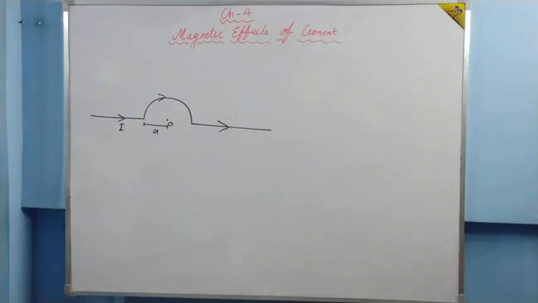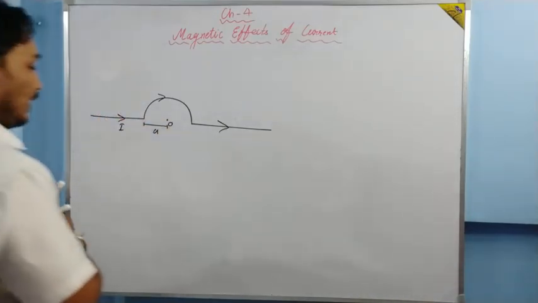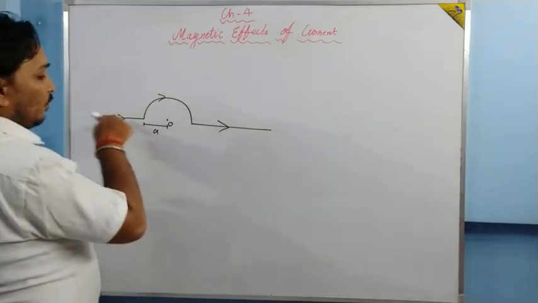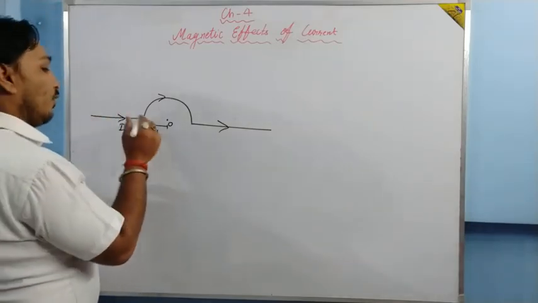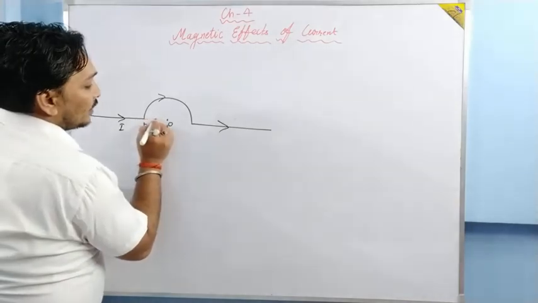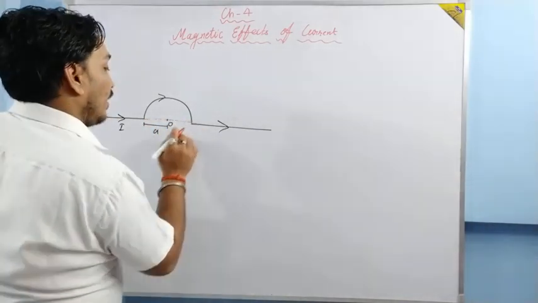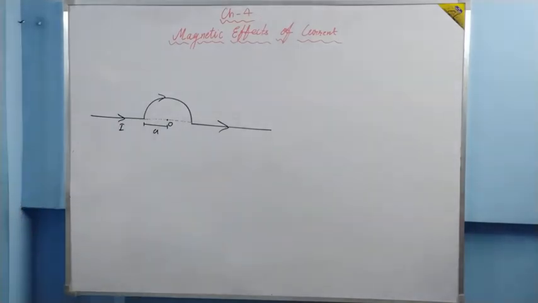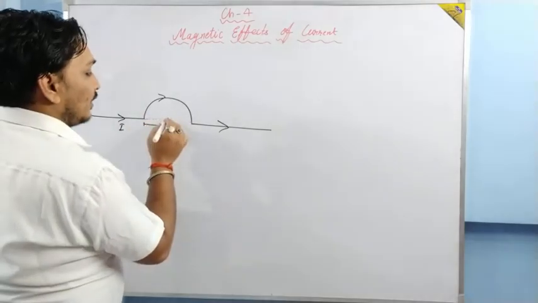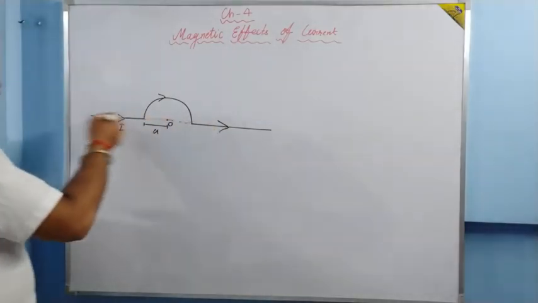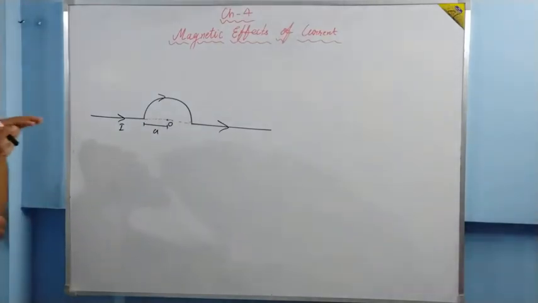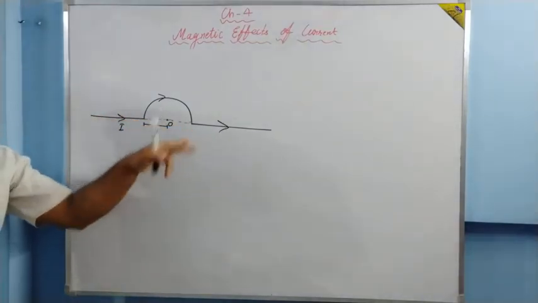Now if you can see this linear length of wire, its length is along the line which joins the center, and the same goes with this line also. If we extend this line, it will go along the center.